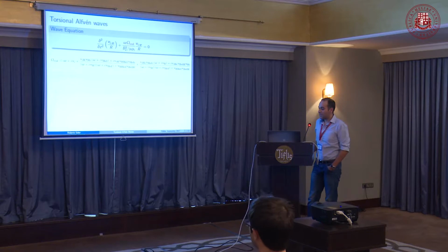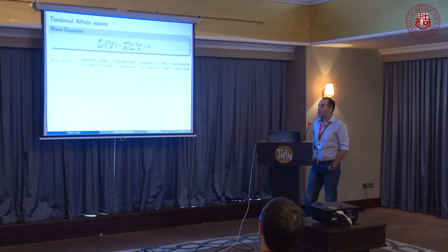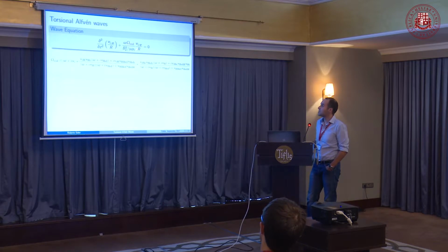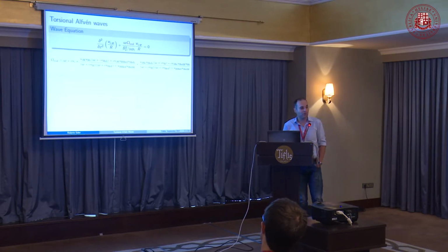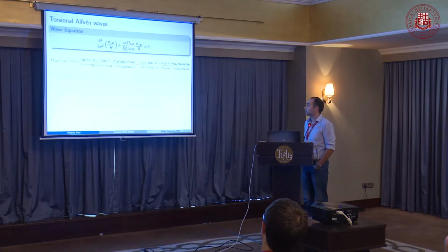So we can combine these multi-fluid equations, and after some manipulations, we arrive at an equation that governs the propagation of the wave. It's a very simple wave equation for the azimuthal component of the velocity of the ions. All the terms in this equation depend on the vertical direction only.